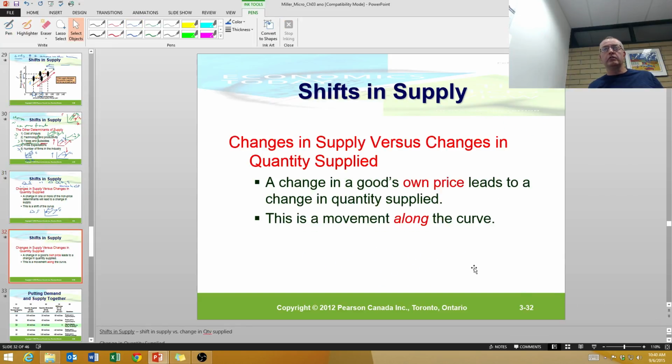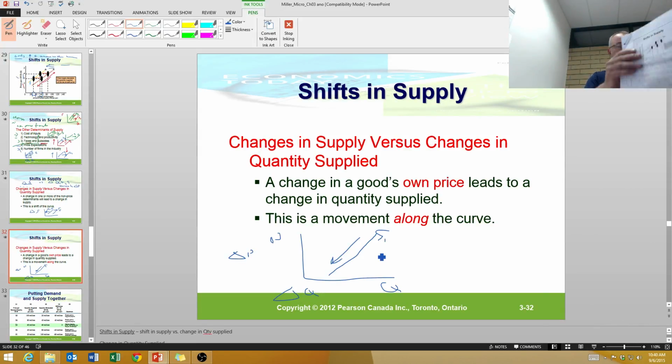And when we talk about a change in quantity supplied, we're referring to a movement along the curve. So we move along the curve, and this is only caused by change in price. Change in price is the cause, and change in quantity is the effect. Anyways, same kind of concept that we have in demand.